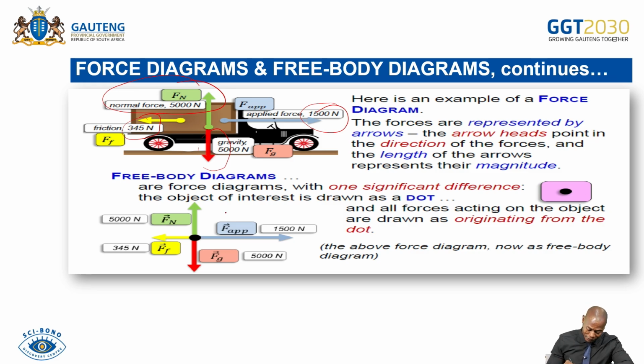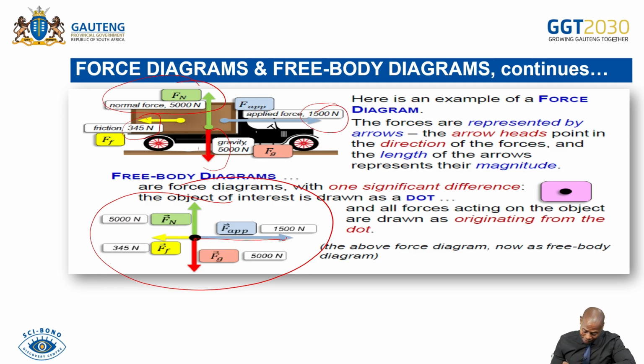So this is the free body diagram, right? You start with a dot, okay? Then we have a force of 1,500 newtons. You have a force of friction, which is 345 newtons. So look at these arrows, right? You can see that these two are not equal, right?